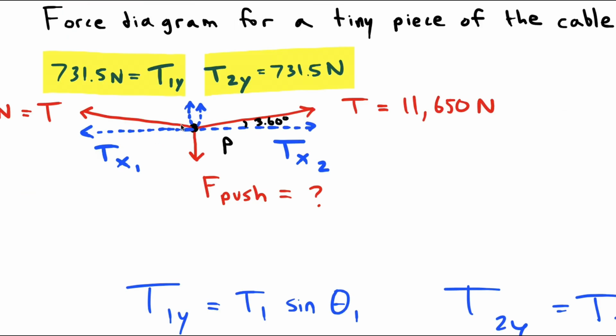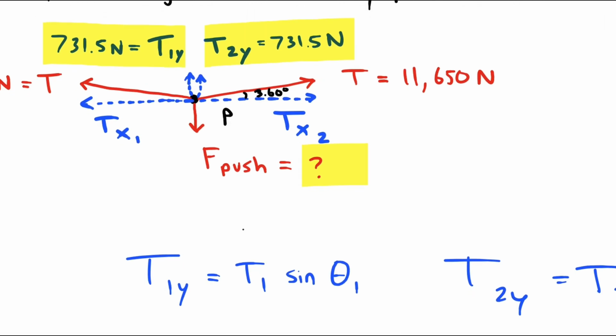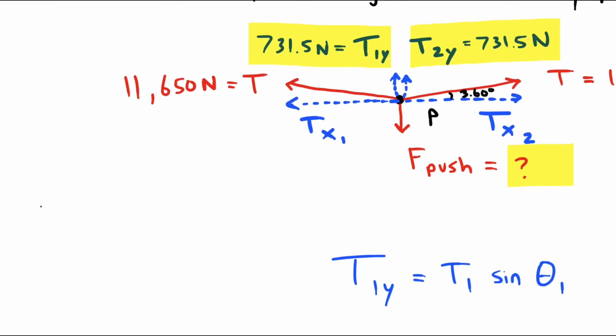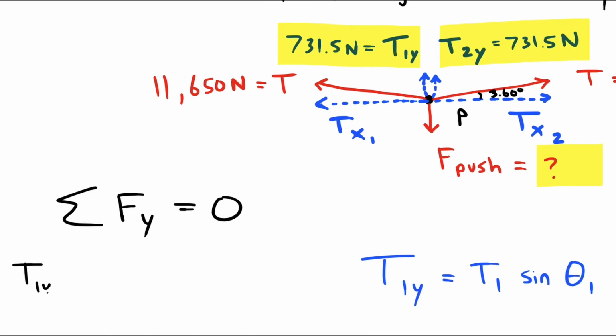Okay, so now what we're going to do is figure that the y forces have to be balanced. So this push just has to equal the sum of those two components. You could write it formally like this, that the sum of the forces in the y direction needs to be 0 for equilibrium. So T1y plus T2y.